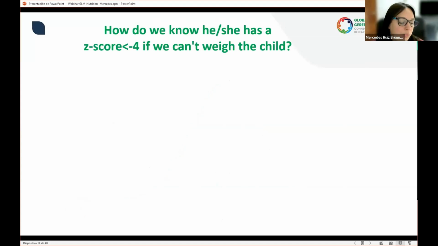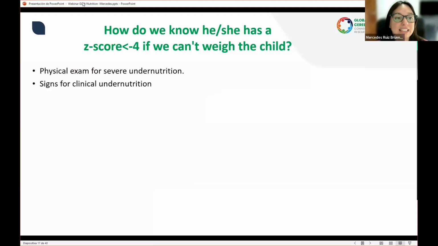So, but you will ask me, how do we know if the child has a z-score of -4, if I can't have the weight of the child? This is one of the complications. And the answer is to do a physical exam for severe undernutrition and look for signs of clinical undernutrition.